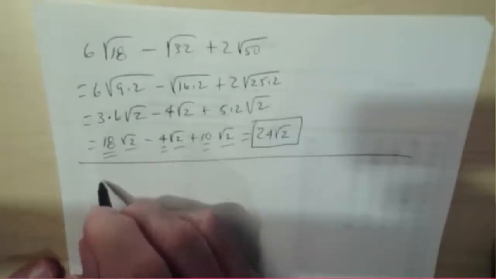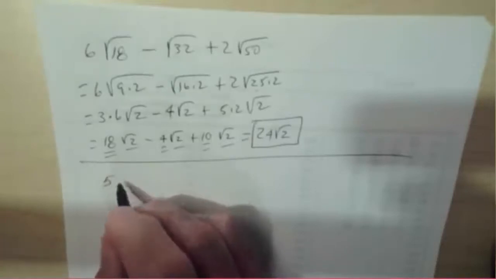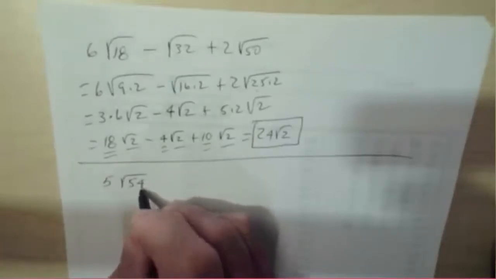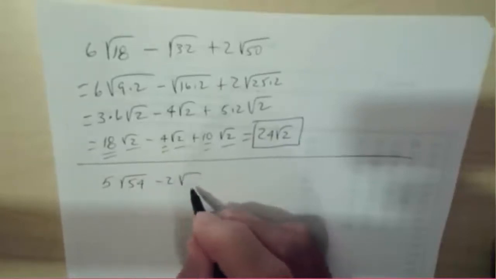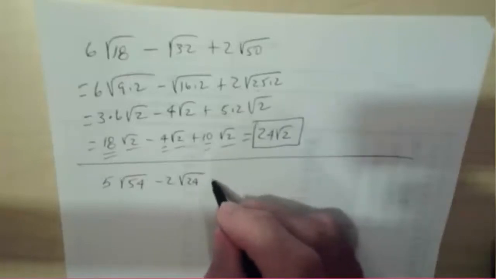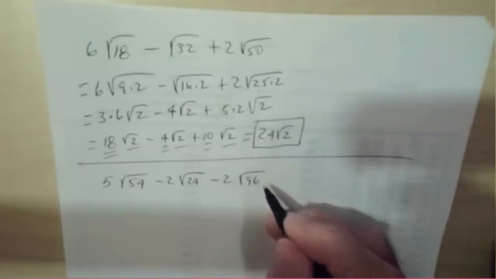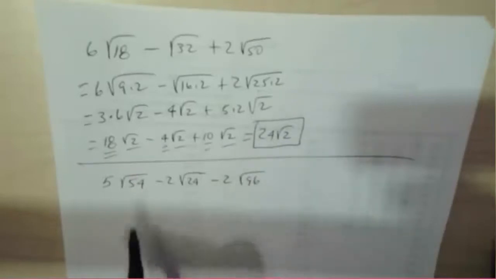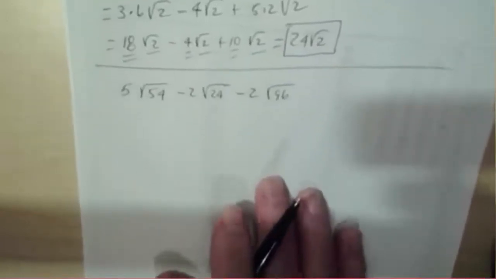And what about this one? 5 square root 54 minus 2 square root 24 minus 2 square root 96. Now, if these are not familiar to you, look on that sheet that I sent you that showed the cubes and the squares of all the numbers.